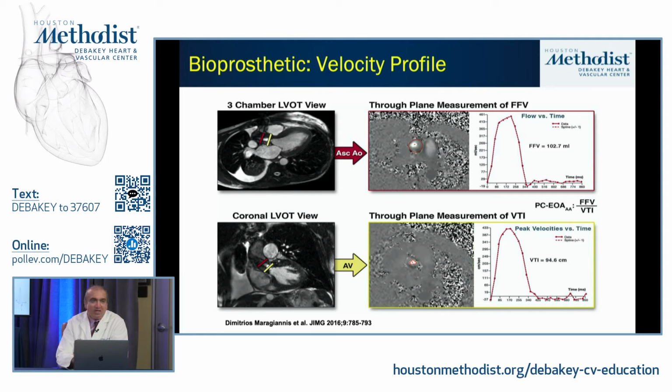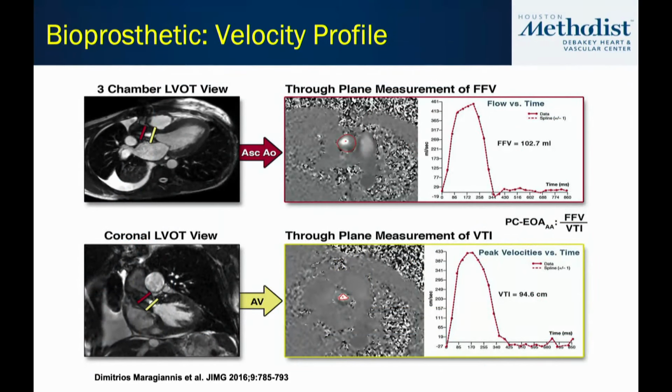In addition to that, what can also be done is what was done very nicely in this study from a few years ago from one of our former fellows, where they took the velocity profile data at the level of the valve and then compared that to a normal reference point, either subvalvular in the LV outflow tract, or you could do it in the ascending aorta as well.